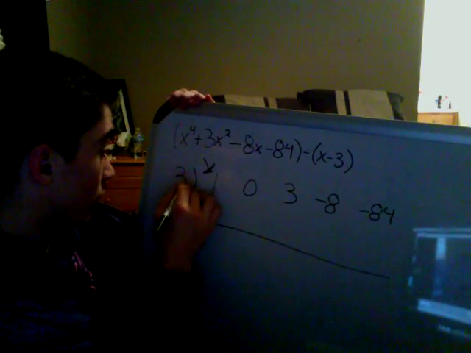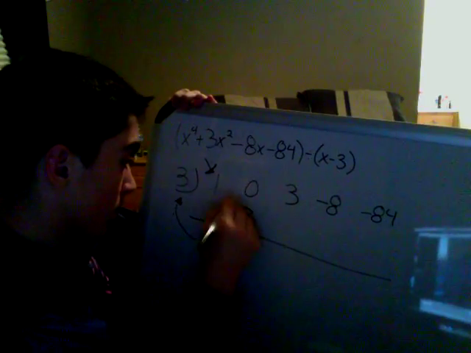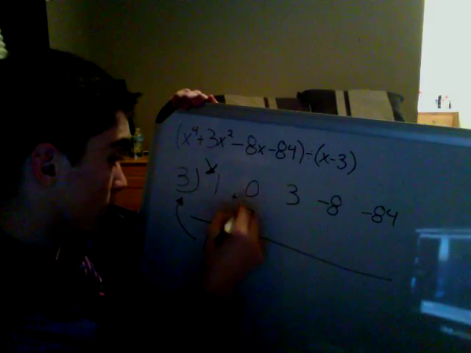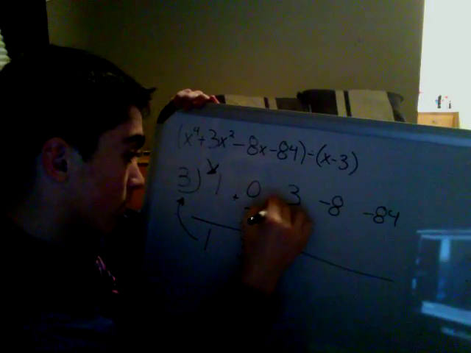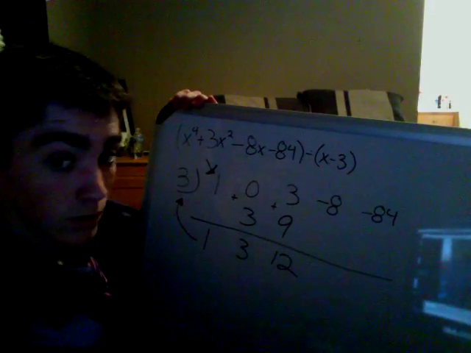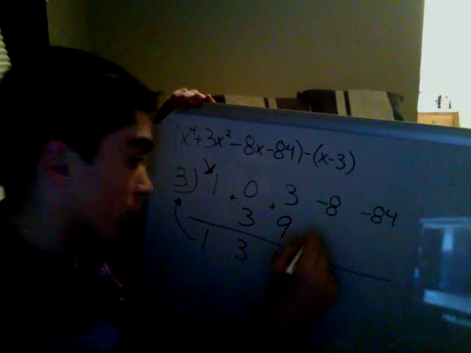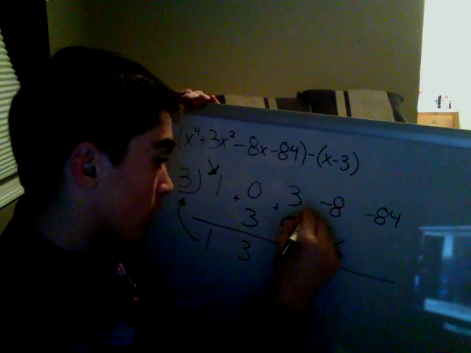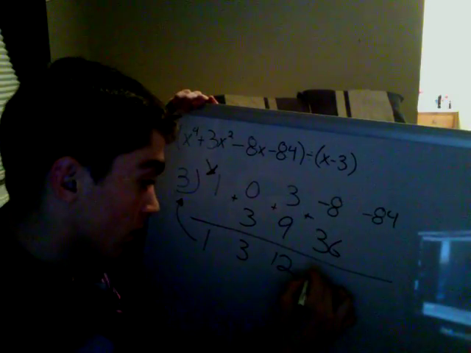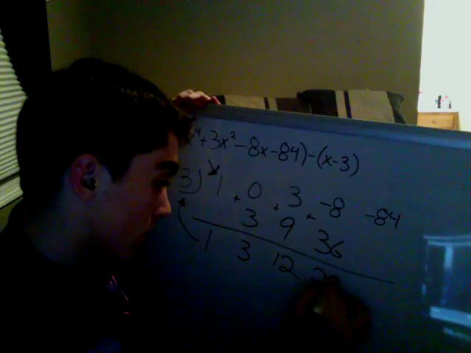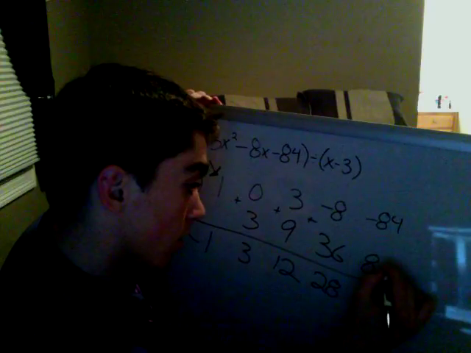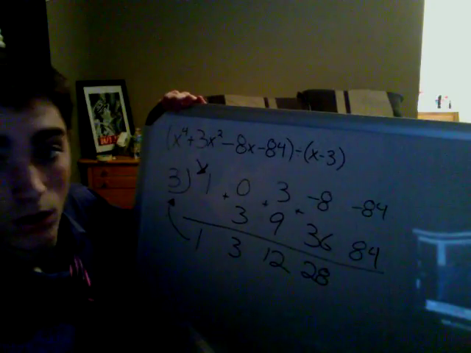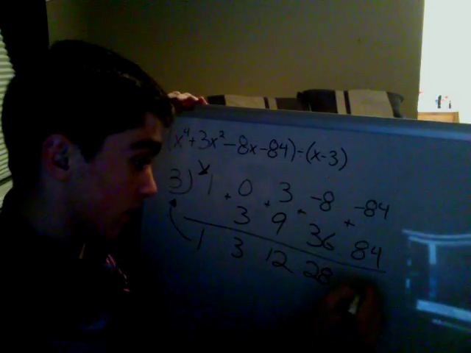So 1 times 3 is 3, and you add 0 plus 3, 3. 3 times 3, 9, 3 plus 9, 12. 12 times 3, 36, negative 8 plus 36 is 28, and 28 times 3 is 84. So then you're adding this, and that becomes 0.